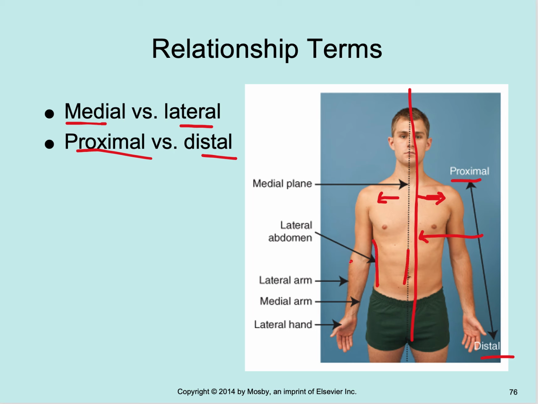This is your lateral aspect of your arm because this is your medial aspect of your arm. This is the part of the lateral hand because this is part of the medial hand. This is distal, right? And then as you start to move up here, this becomes proximal because it's getting closer to the upper aspect of your arm.